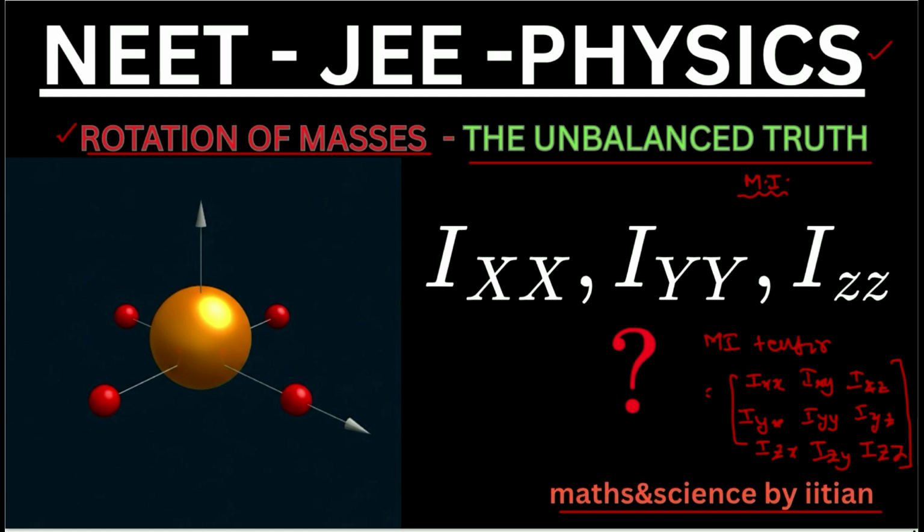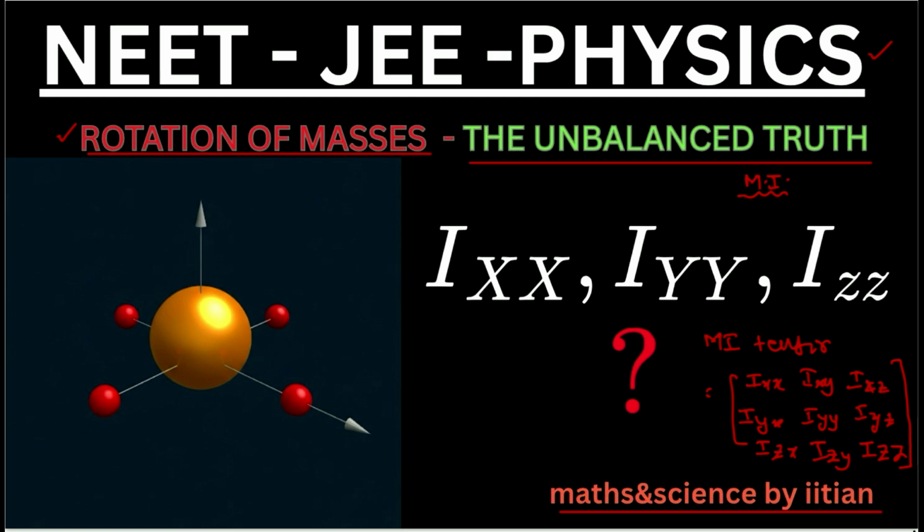If a collection of masses is kept in a particular way in a particular system, what will be the moment of inertia and moment of inertia tensor of that system? That's what we are going to discuss now.